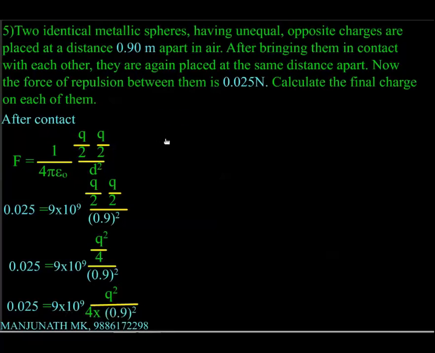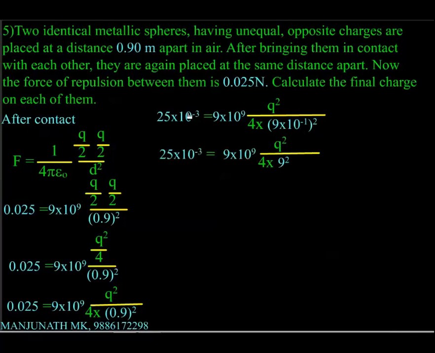So therefore 0.025, look here this thing, shift this point 1, 2, 3 right side. So we have to raise minus 3 like this. This is equal to this one 9 into 10 to the power of 9. Q square divided by 4 into this 0.9 can be shifted this side, 9 into 10 to the power of minus 1 square.